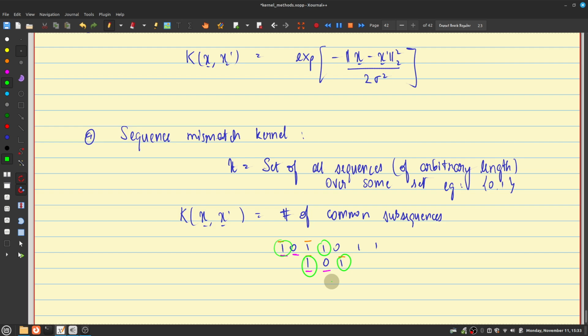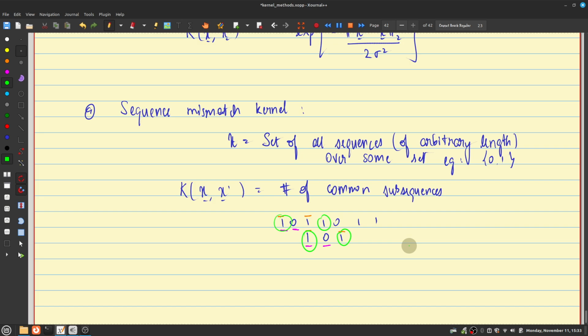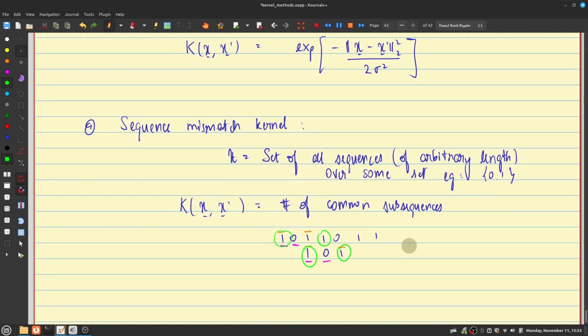So k of x, x prime is the number of common subsequences, and my claim is that this is a PDS kernel. We won't prove that here. But one feature that you see in all of these cases is, it corresponds to some feature map from an arbitrary domain to Euclidean space of some dimension.